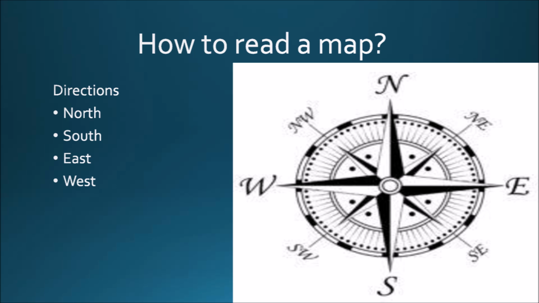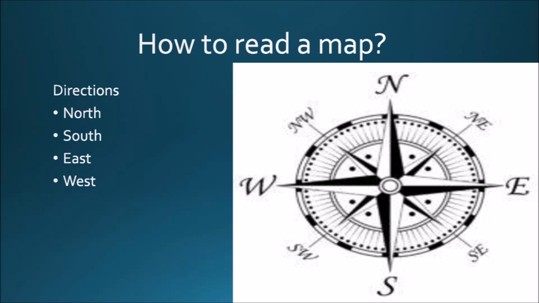East lies towards the right, while west lies to the left. And a compass is always shown on maps to indicate direction. Through the compass we come to know the direction.